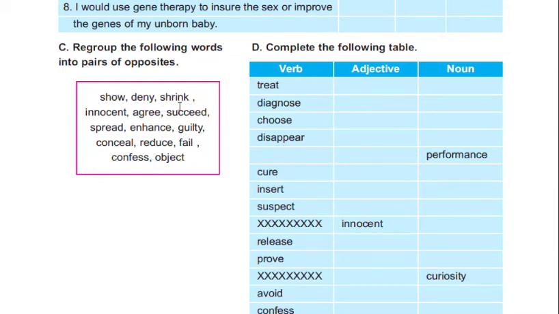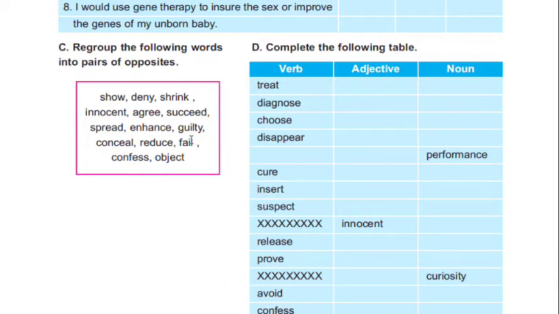Shrink, to become smaller in size. The opposite is spread. Innocent, the opposite is guilty. You are innocent if you haven't done anything. You are guilty if you did, for example, a crime. Agree, the opposite is object, and both are verbs. Succeed, fail.